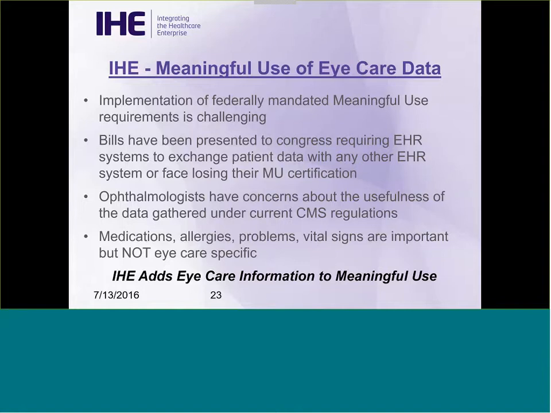And so what happened is the eye care team went in and looked at meaningful use, and we said, hey, let's follow the meaningful use specifications, but let's now add eye care information to MU, to meaningful use. And that's what we did in this workflow.